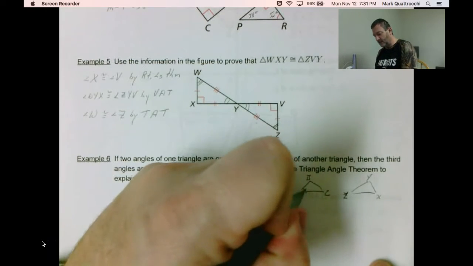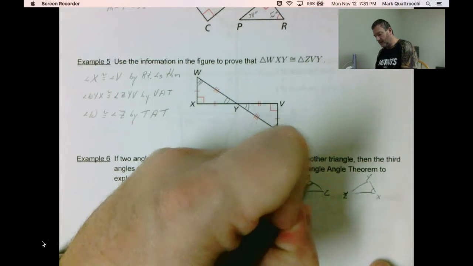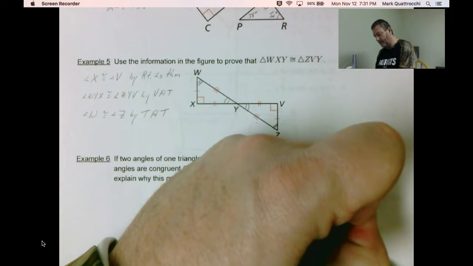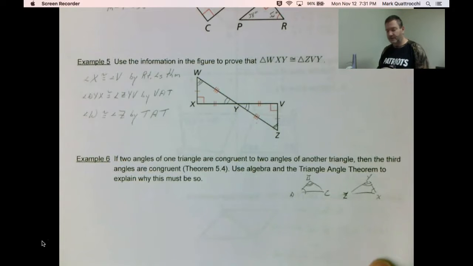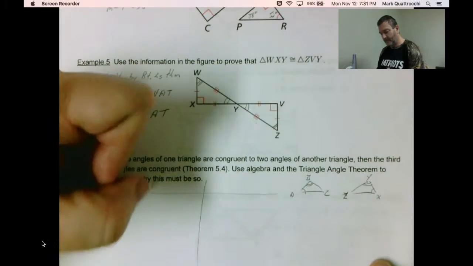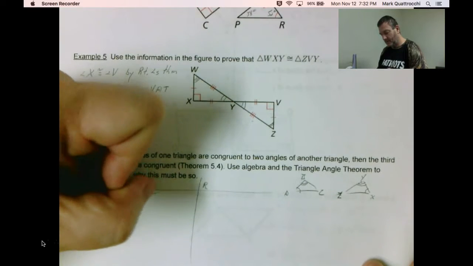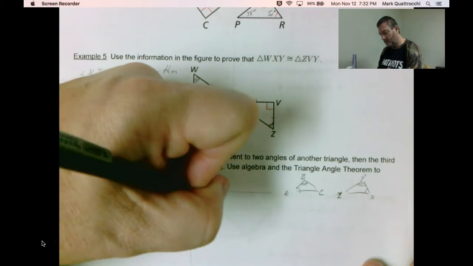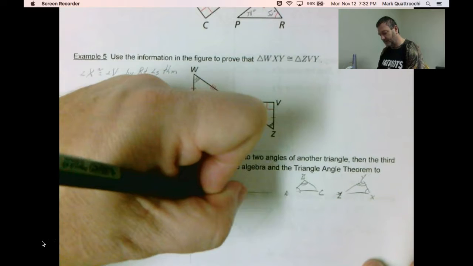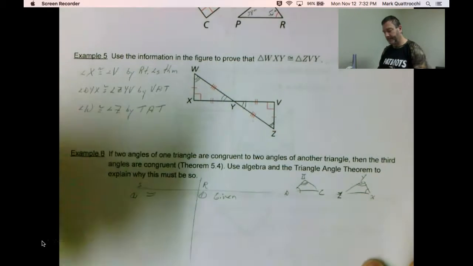We need to know that angle A is congruent to angle X, angle B is congruent to angle Y. And our goal is to show that angle C is congruent to angle Z. So, statement, reasons. Statement 1, I can do, because I have a college degree, is rewrite the given information. You must rewrite the given information.